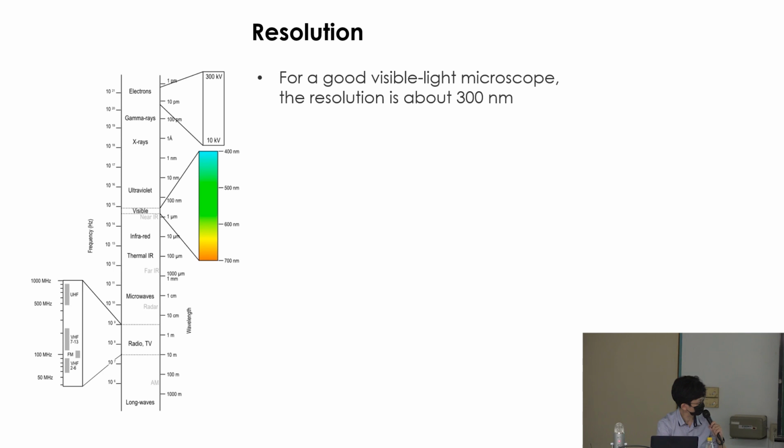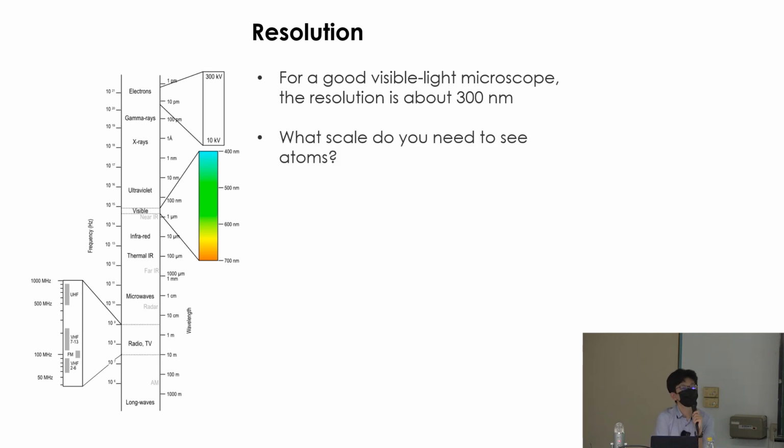Let's take a look at the visible light. You will have a wavelength from 400 to 700 nanometer. If you consider what we talked about in the previous slide, for a good visible light microscope, the resolution is about 200 nanometer to 350 nanometer. So the light microscope resolution is 300 or so. That's a limitation for the microscope in a theoretical way.